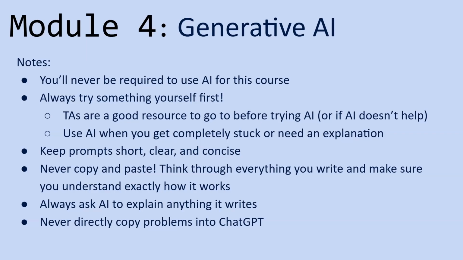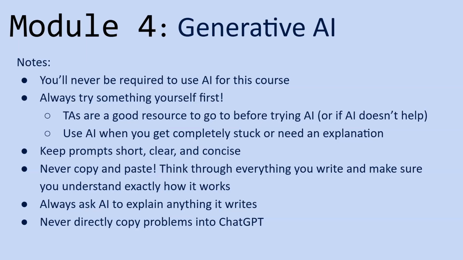Additionally, I'd say use AI when you get completely stuck and you don't know where to go from there, like you don't know what formula you need. Honestly, if you don't know what the instructions are asking, I'd maybe talk to a TA first.